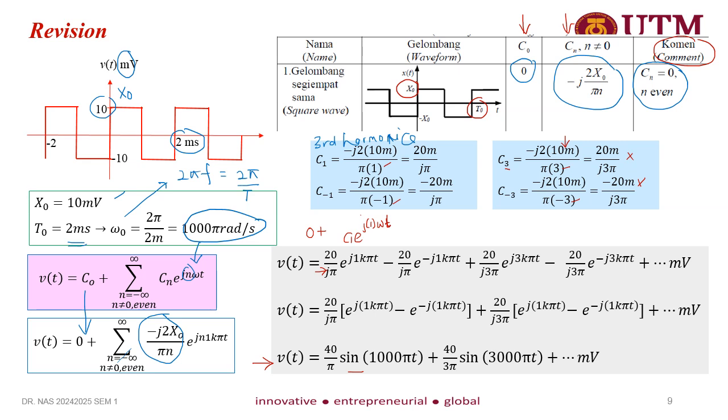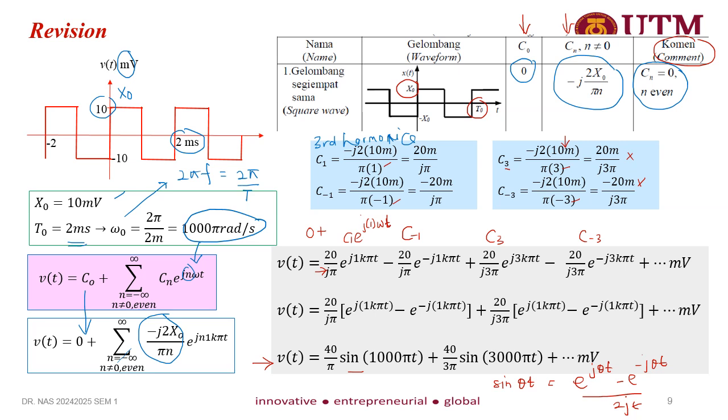Why? Because if you still remember, for the sine function, sin(theta t) is equal to, from Euler's theorem, e^(j theta t) minus e^(minus j theta t) divided by 2j. So you can have the j at the bottom. And then compile all Cn values. So this is for C minus 1, and then e^(j minus 1 omega t). This is for C3, and this is for C minus 3.